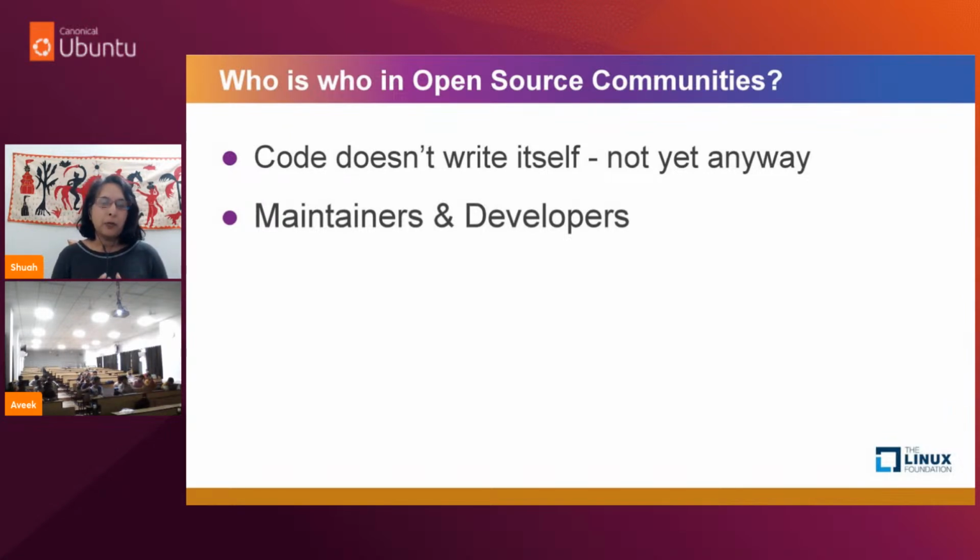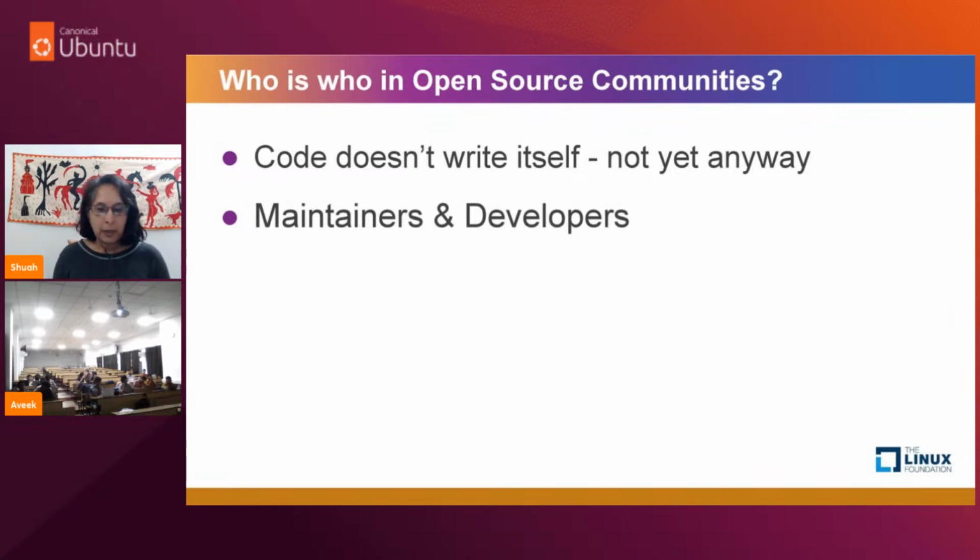And who is who in open source? When we think about open source projects, we think about developers. But there are a lot more players in addition to developers. Maintainers play both roles, developer and maintainer, maintaining the aspects of the project, accepting the code, deciding what should go in and what shouldn't.